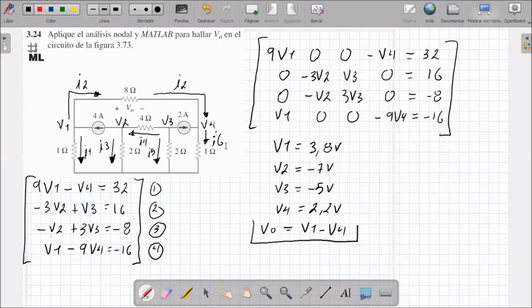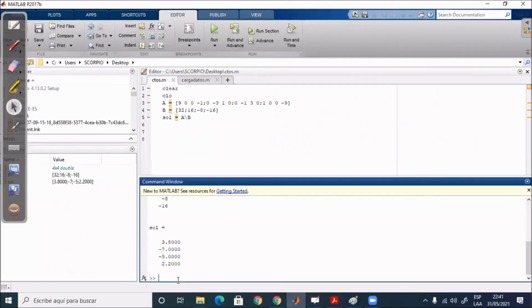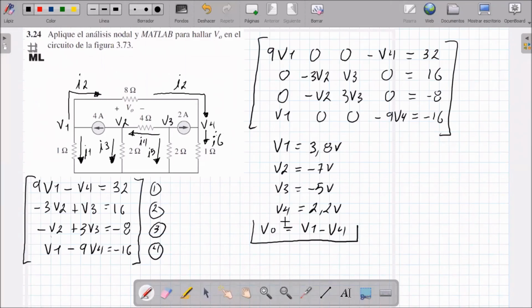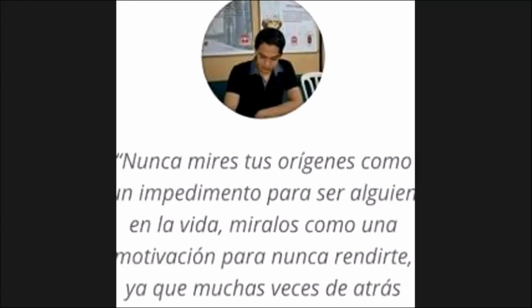Let's put the result, V1 minus V4. The result is 1.6 volts. 3.8 minus 2.2 is 1.6. See you in the next session.